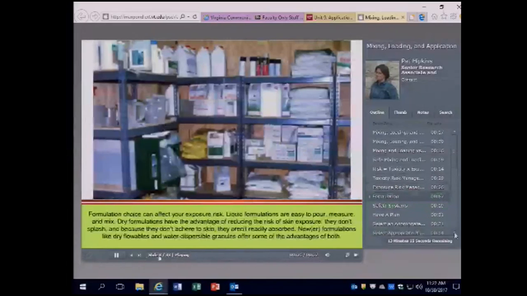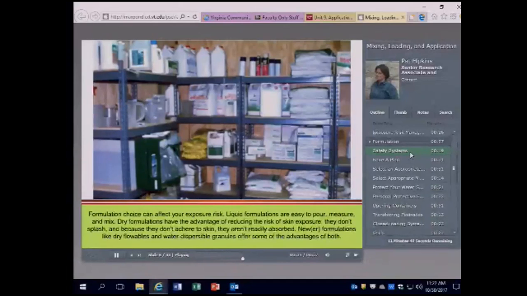For example, liquid formulations are easy to pour, measure, and mix, and in some cases are easier and neater to handle than some dries. On the other hand, if they are spilled or splashed onto your skin, they're more likely to be absorbed, and arguably, liquid spills are harder to clean up than spills of dry formulation products. Dry formulations have the advantage of reducing the risk of skin exposure.